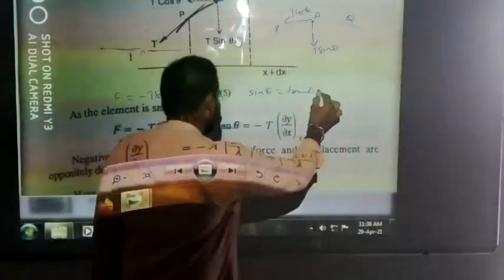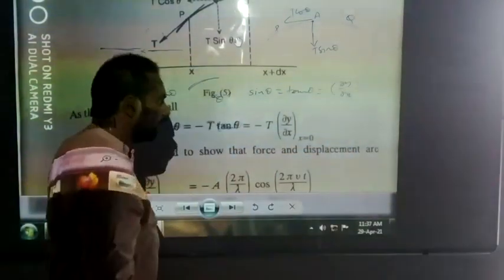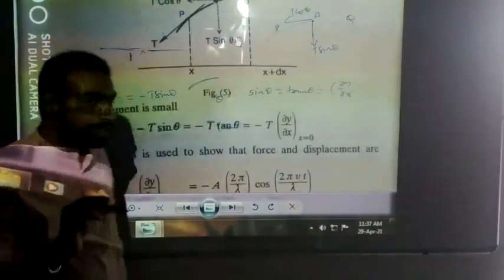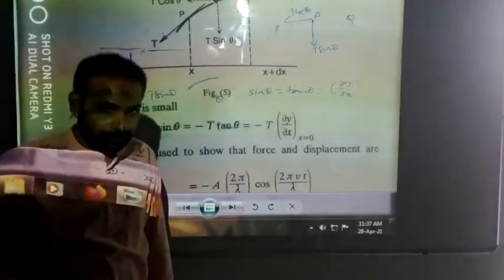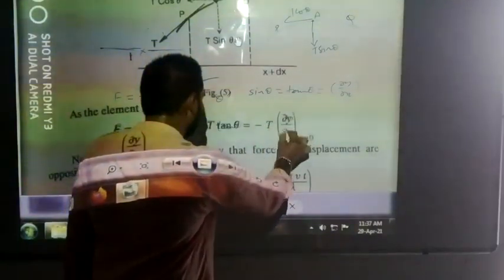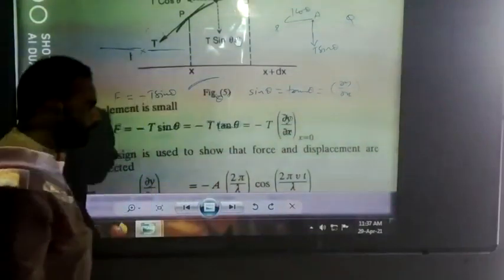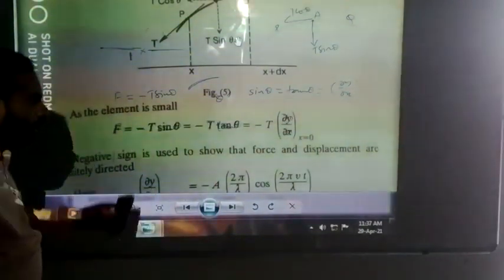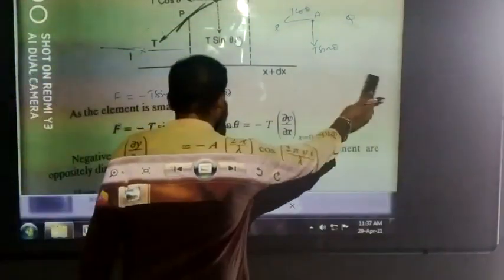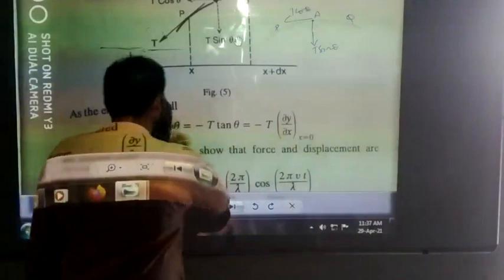But we know that tan theta is the slope, that is, dou y by dou x, at x equal to 0. At the starting point, the initial input point, we are finding the energy. So F is minus T dou y by dou x. Now what is y? The displacement y is given by the solution of the transverse wave equation.